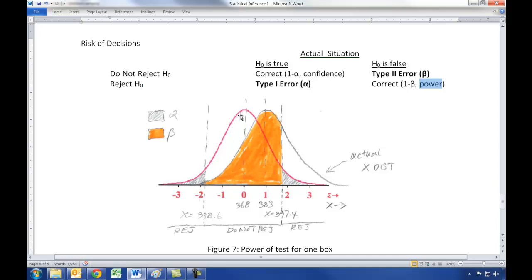Meaning, if we can make the distribution narrower, then the overlapping area of the two distributions will be smaller, and by which we could achieve a higher power. And this could be done by using a sample of observations instead of just making one observation.